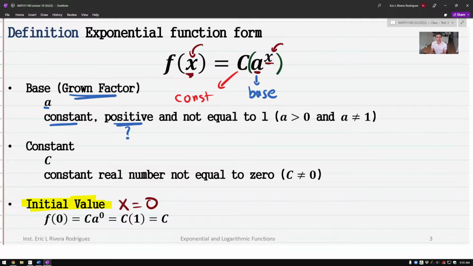You will see that the initial value is also related to an intercept. Which intercept is related to this one? X or y? If the value of x is 0, then are we talking about an x-intercept or a y-intercept?